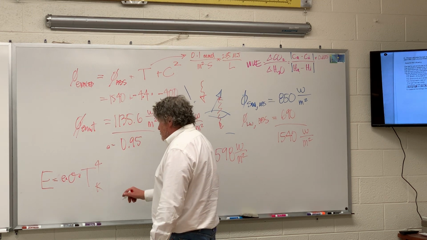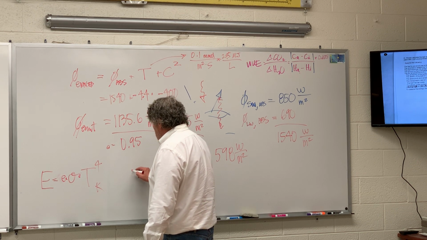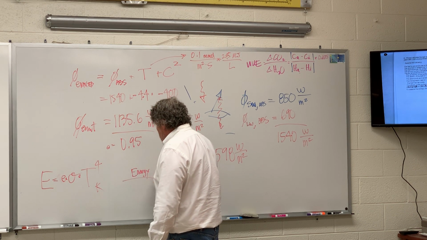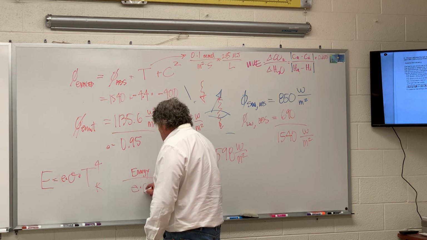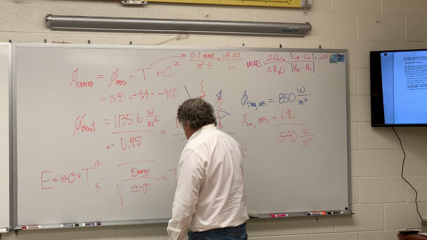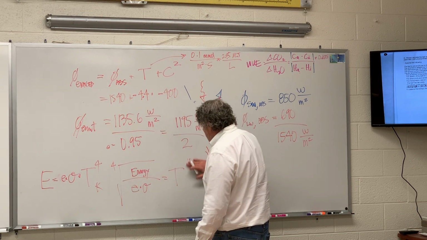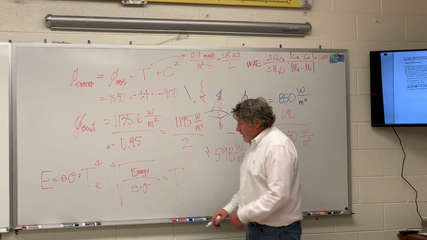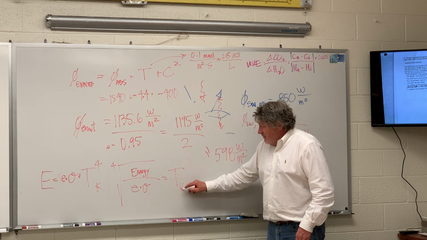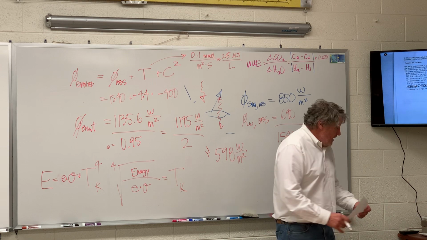When we rearrange this, we get energy per meter squared over E times sigma, and this is T to the 4th, so when we take the fourth power off of here, it goes over there. So we get the fourth root of this. You can rearrange this to solve for temperature. That's temperature in Kelvin.